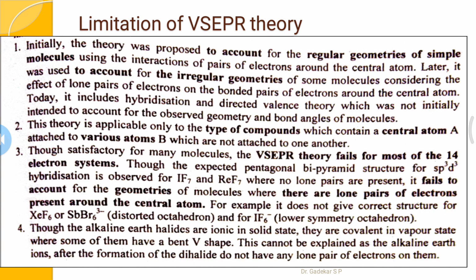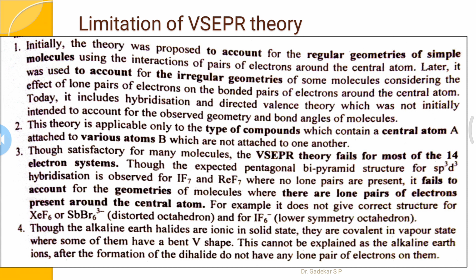Okay, so here are the limitations of valence shell electron pair repulsion theory. First, initially this theory was proposed for regular geometry of simple molecules, in which only bond pairs of electrons are considered.